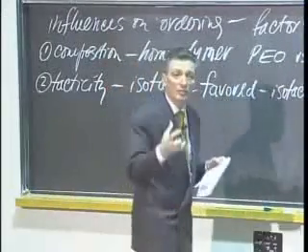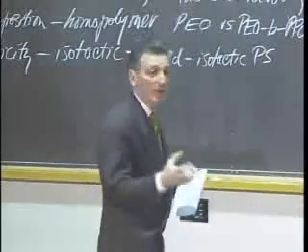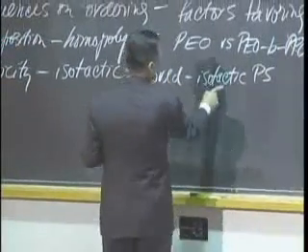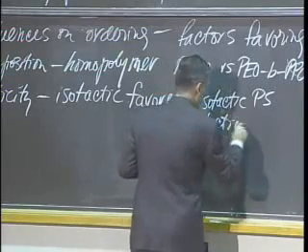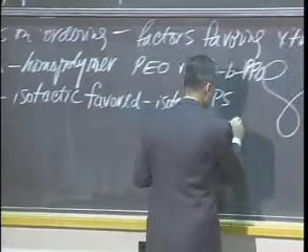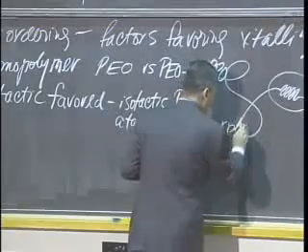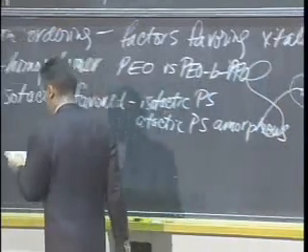So you see some of these hard polystyrene containers, they're predominantly isotactic, whereas atactic polystyrene is dominantly amorphous. So there's the influence of tacticity.